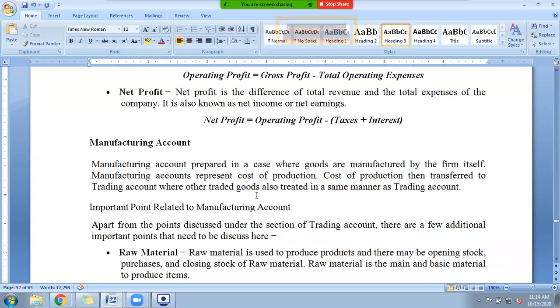But manufacturing account is specially meant for when you are manufacturing the good. Manufacturing account represents cost of production. Cost of production is then transferred to trading account. So from manufacturing, it will come to trading account. But usually we will not do the manufacturing account process because we will know the cost of production by using your trading account also.